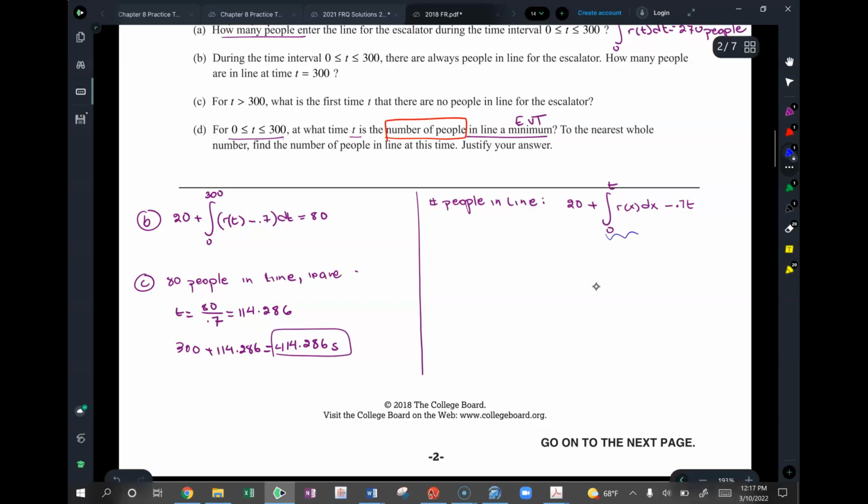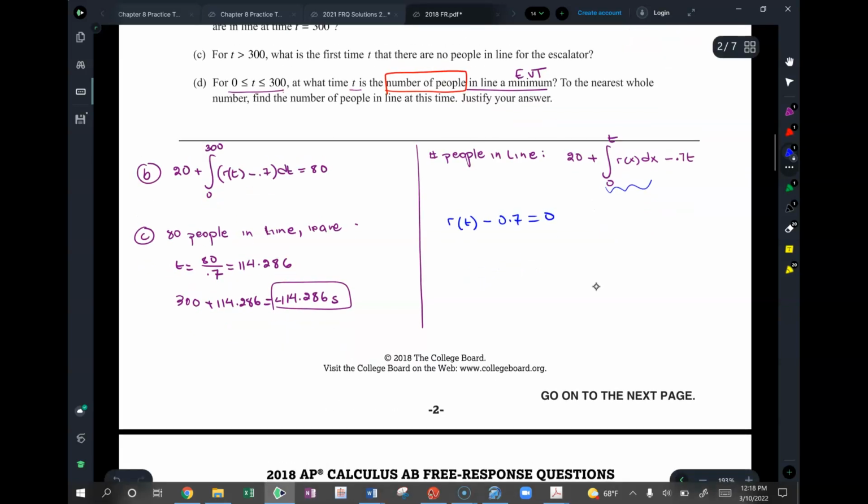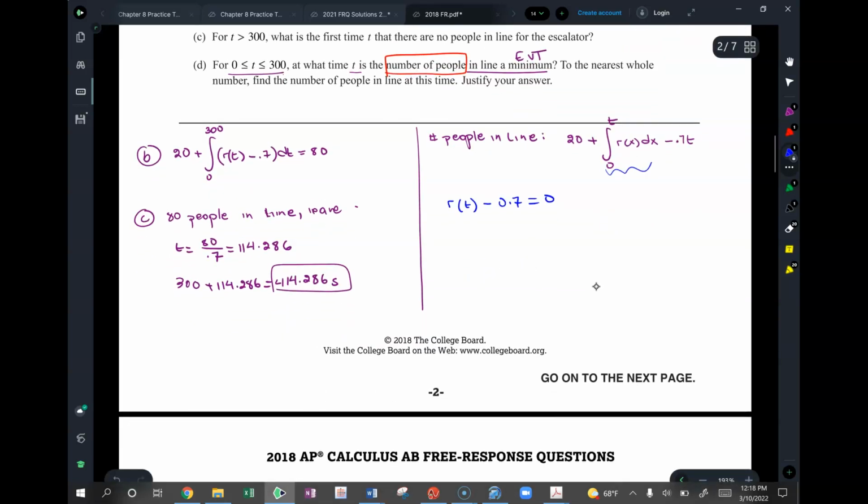And what does this give you? r of t minus 0.7, and you want it to be equal to 0. So the derivative is this, and this happens when r of t is equal to 0.7.